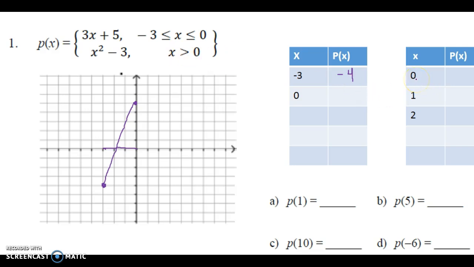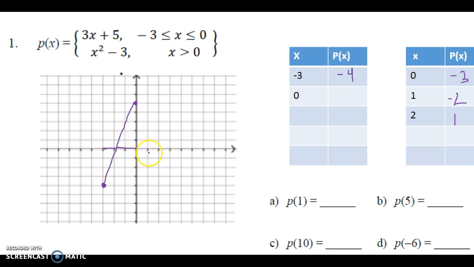At 0 on that interval, x squared minus 3, if I plug in 0 for x, then -3 is my p of x, or y value. If I plug in 1, that's 1 squared minus 3, which is -2. If I plug in 2, that's 4 minus 3, which is 1.